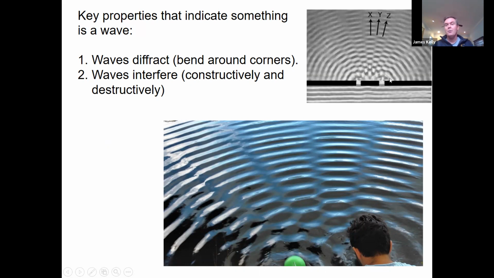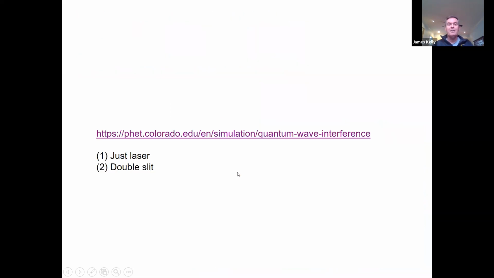This again is a water wave demonstration, showing presumably some physicist taking two balls and bouncing them up and down sinusoidally in the water, and you can see directions along which there's going to be destructive and constructive interference in the waves generated by the two balls he's bouncing on the surface of the water.